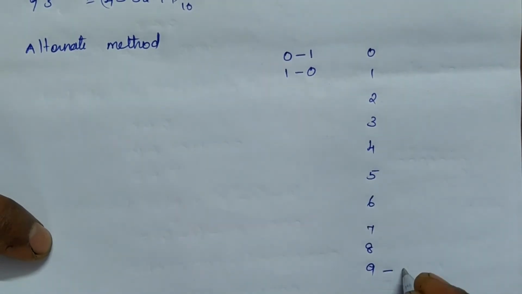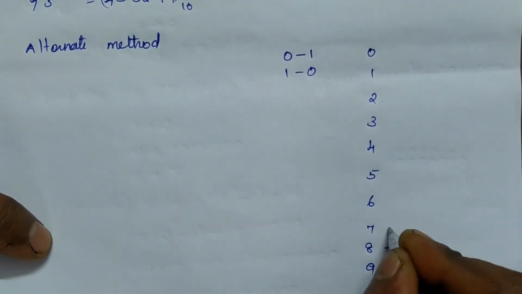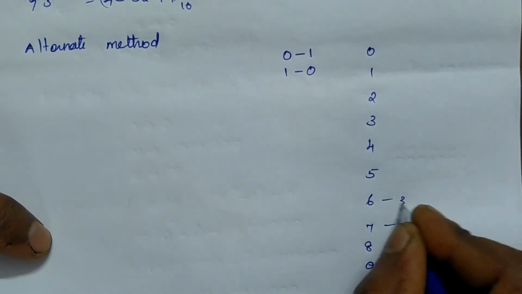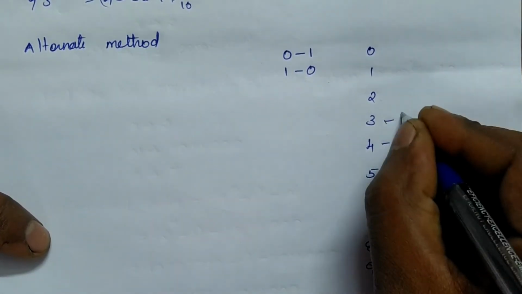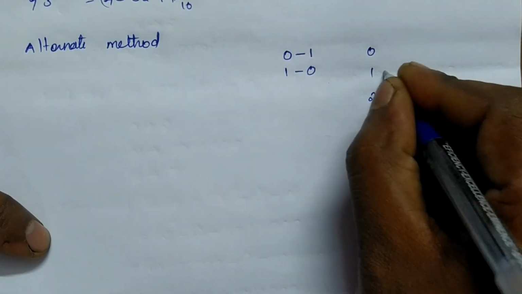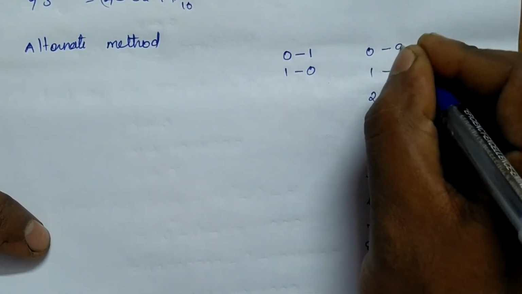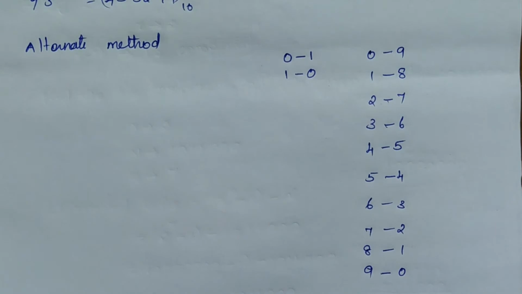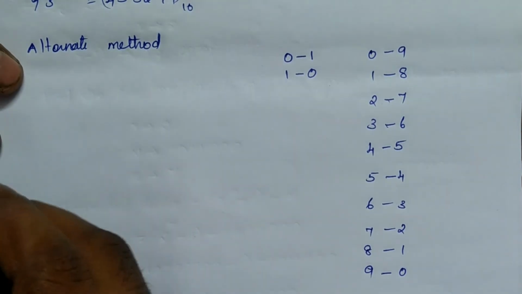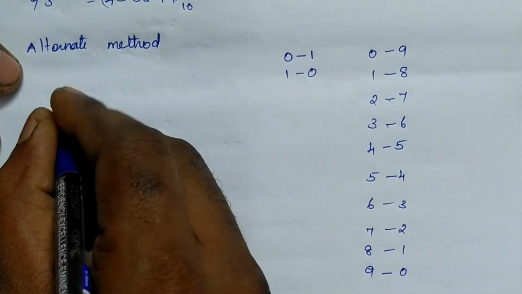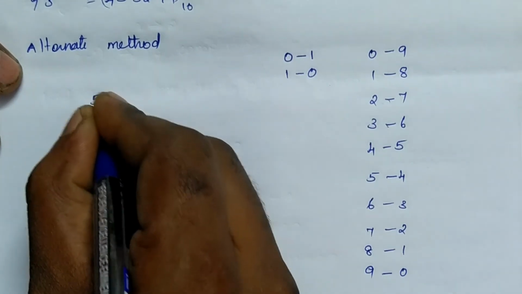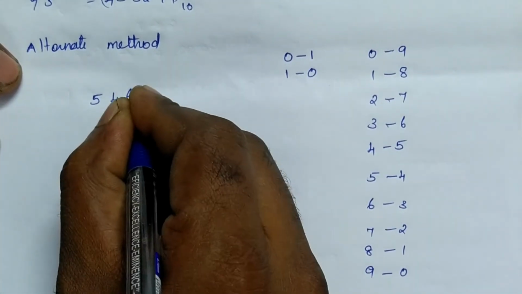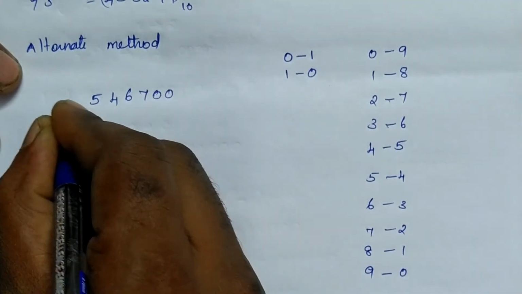So the first value is 0, 1, 2, 3, 4, 5, 6, 7, 8 and 9. In the question they have given the number as 5, 4, 6, 7, 0.